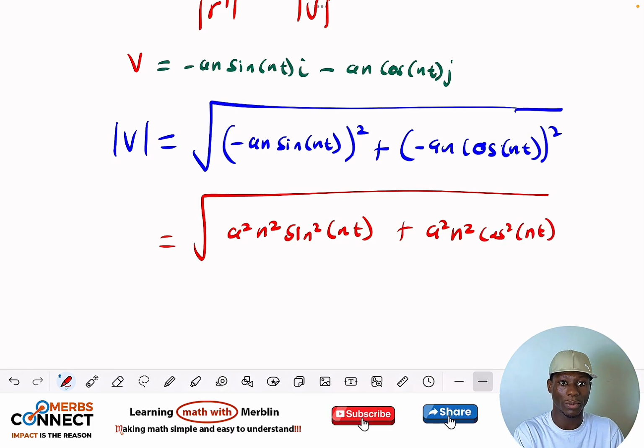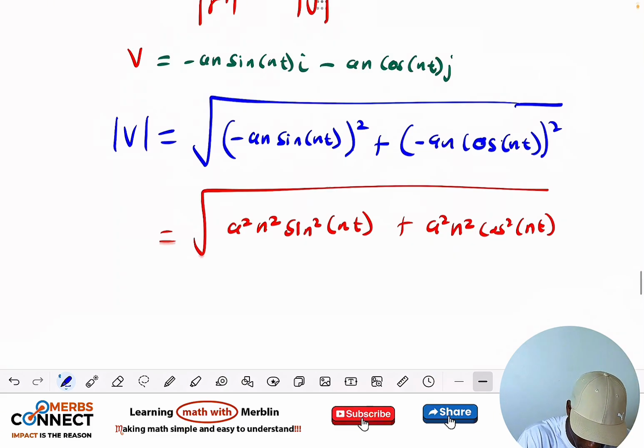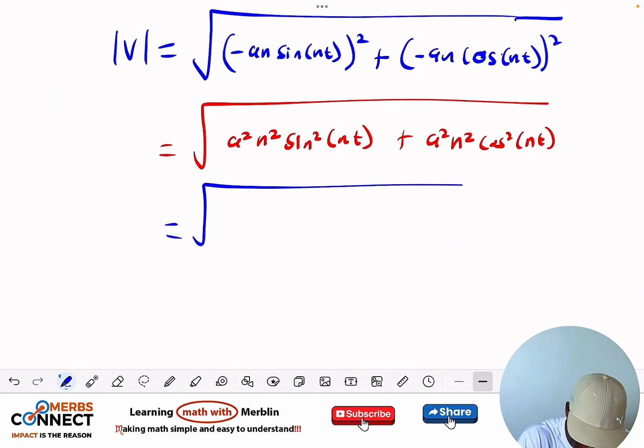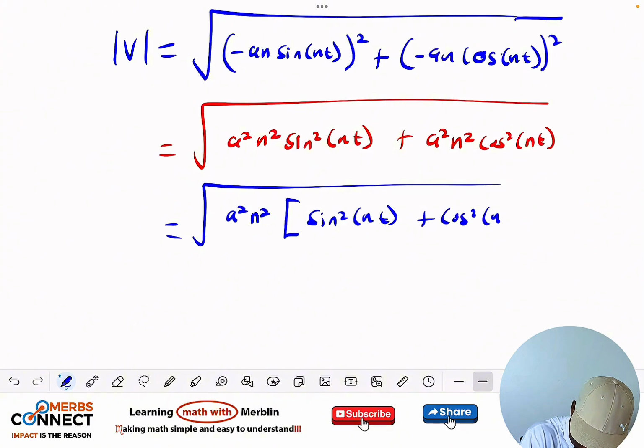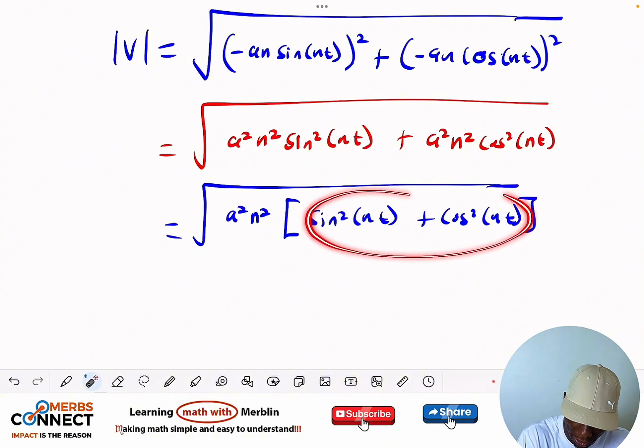So anytime you are dealing with unit tangent and it's involved with cos and sine, always remember that sine squared plus cos squared is going to be 1, and it will happen in this question. So let's see how we can do this. We can factor a squared n squared out, and it will be left with sine squared nt plus cos squared nt. And this is going to give us 1, right?